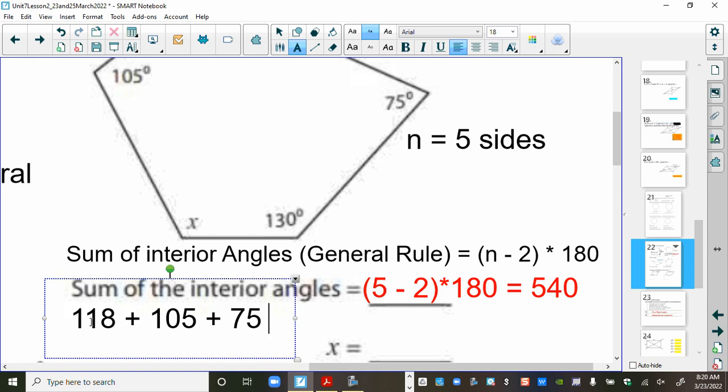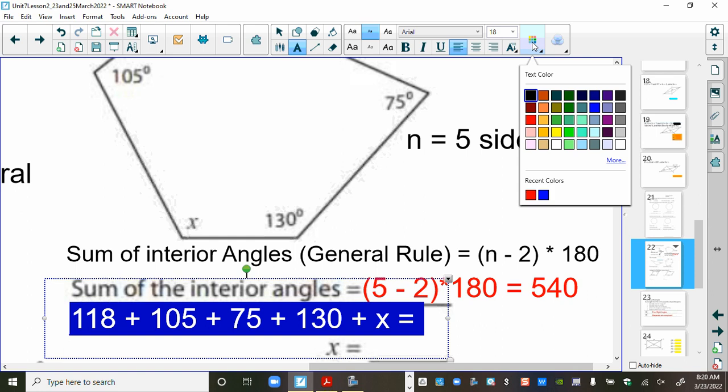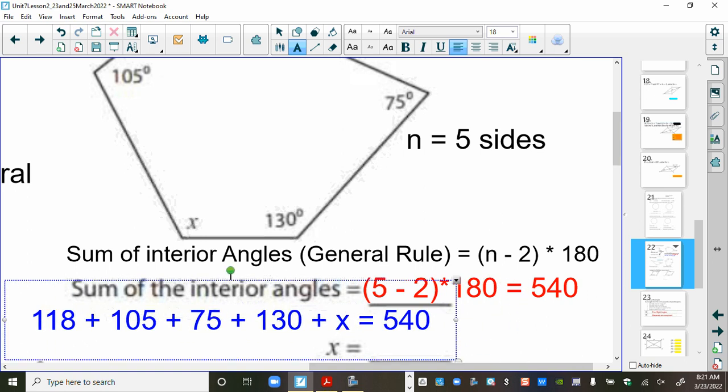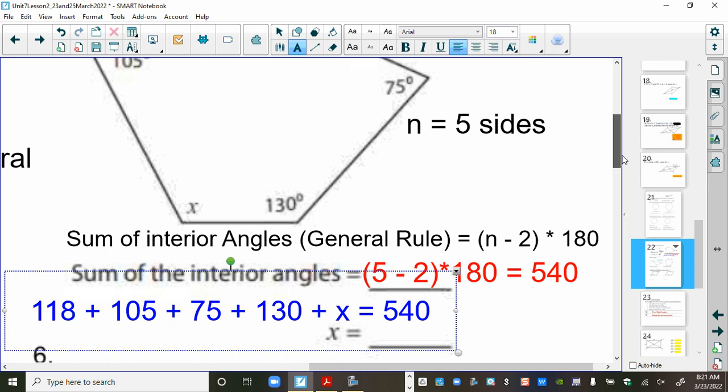I mean, you should be able to see it on your paper. Plus 130. Plus x equals. What's the overall going to be equal? What's that number in red? 540. Yep, it's going to equal 540. So that should help you as you solve for x.